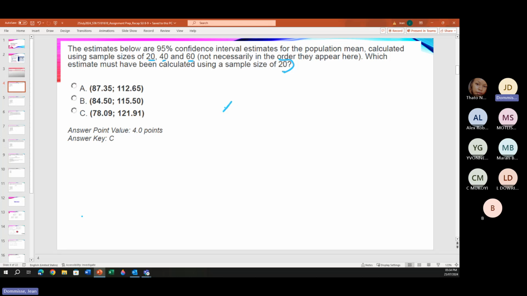Okay, when we look at the confidence interval for the mean, whether we use Z or T does not matter if we keep the confidence the same.